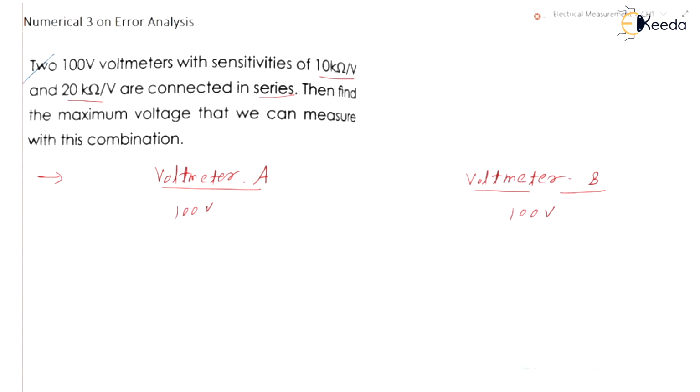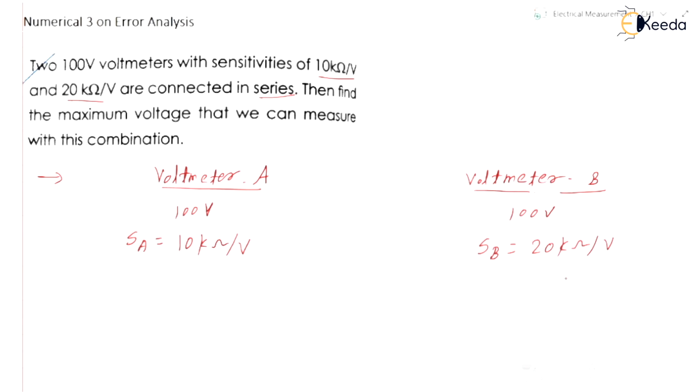The full scale deflection is 100 volt. Here also full scale deflection is 100 volt. Next, sensitivity, consider it as SA, is equal to 10 kilo ohm per volt, and here SB is equal to 20 kilo ohm per volt.